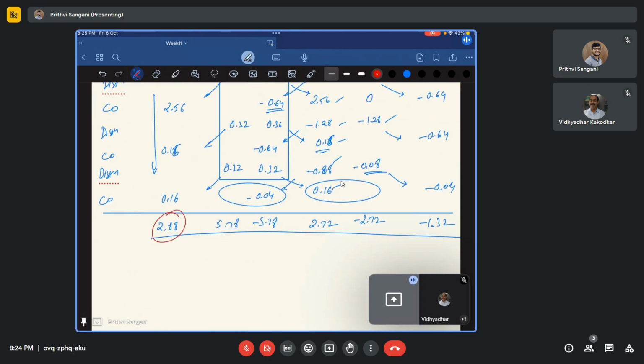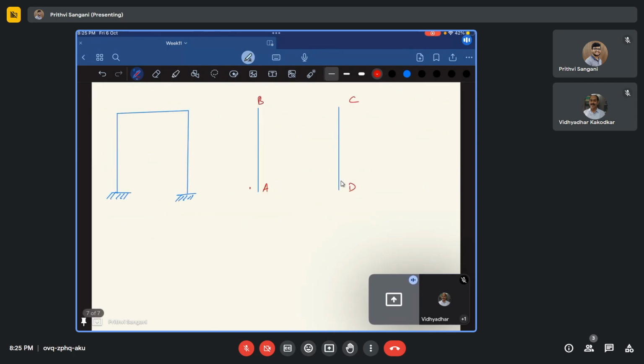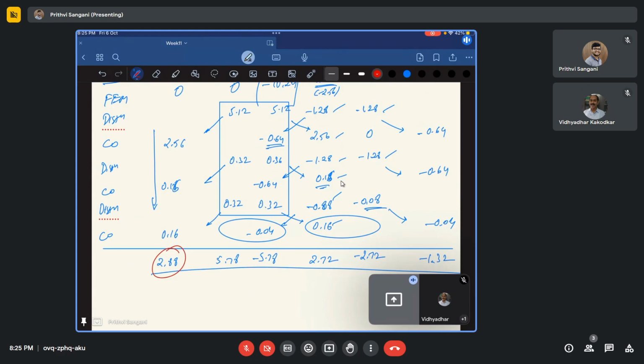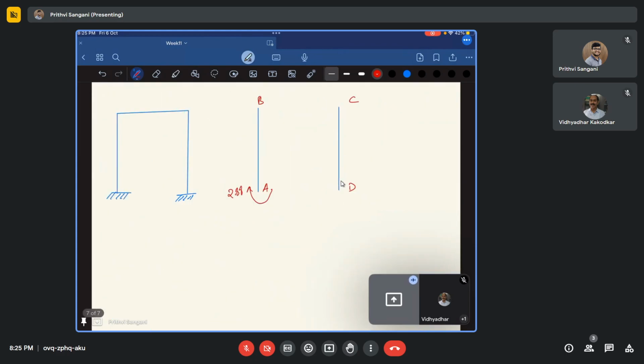I have obtained a positive moment of 2.88. So if it is positive, that means it is going to be clockwise. So 2.88. At B, BA is positive again. It is 5.78. So this is 5.78.